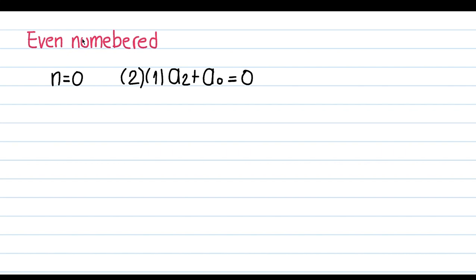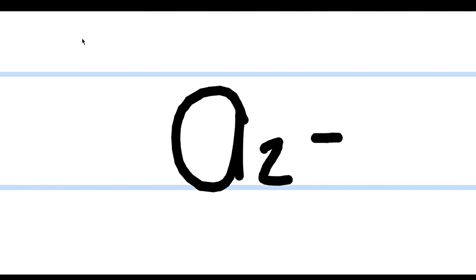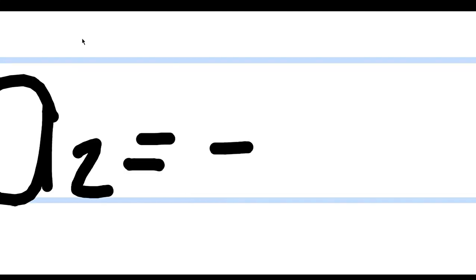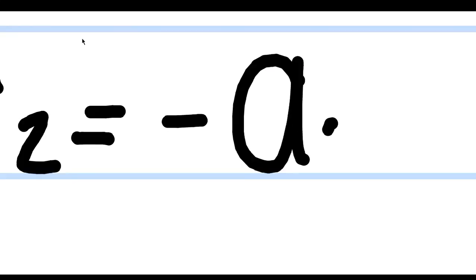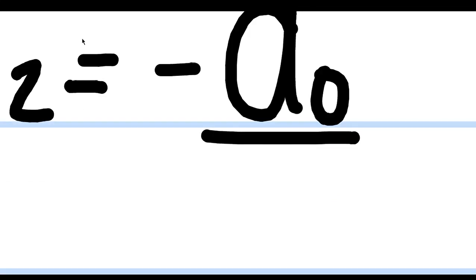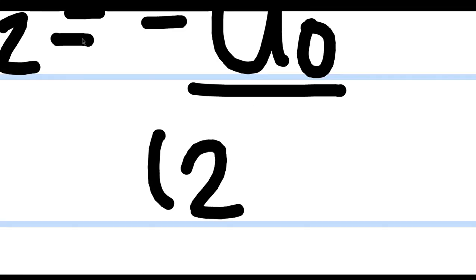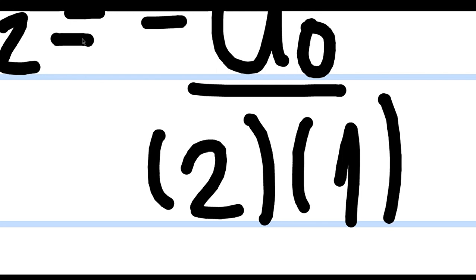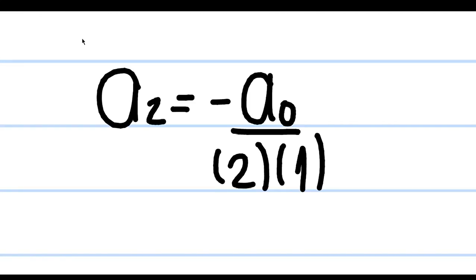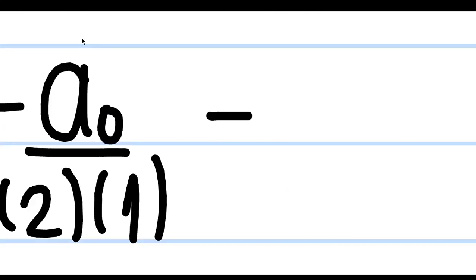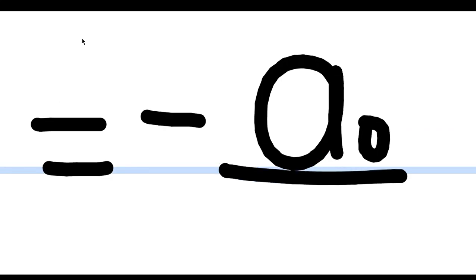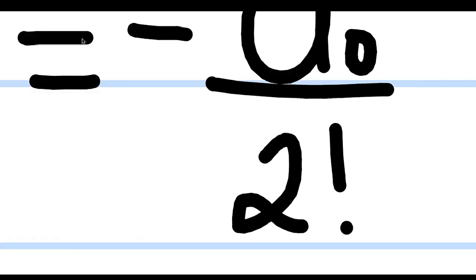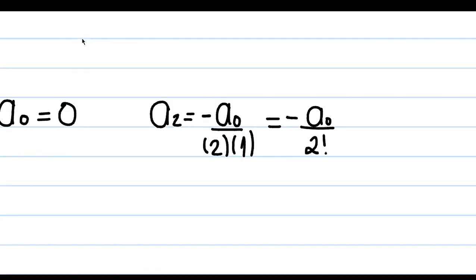And solving for a sub 2, a sub 2 is equal to minus a sub 0 over 2 times 1, and 2 times 1 is 2 factorial, okay?